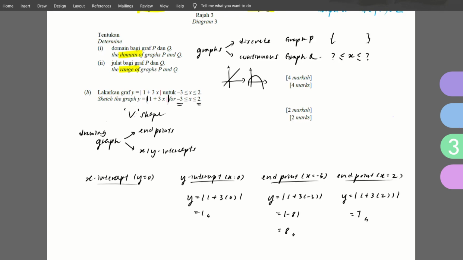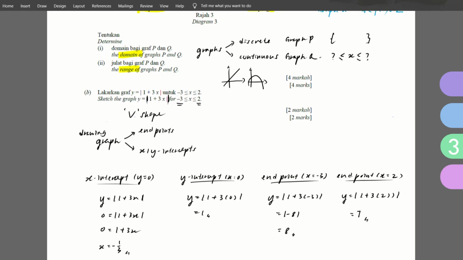So for x-intercept, we put y equals to 0, but how do we solve the modulus? So for 0, if the other side is 0, we can just remove the modulus. Alright, so here we just rearrange to get x equals to minus 1 over 3.